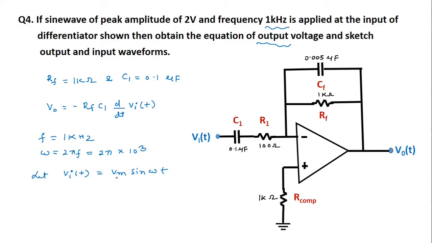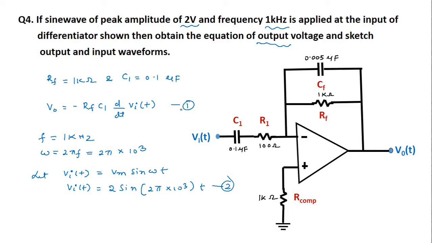Here Vm is the peak amplitude of the input signal, which is given as 2 volt. So Vi of t will be equal to 2 into sine of omega t, where omega is 2 pi into 10 to the power 3 t. So this is the equation of the input voltage. Let this be equation number 2 and let the earlier one be equation number 1.